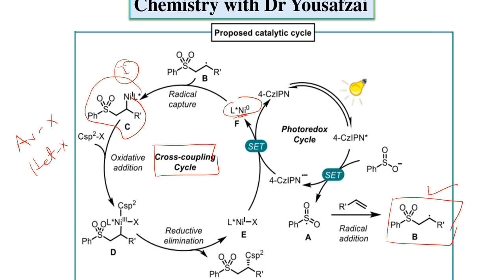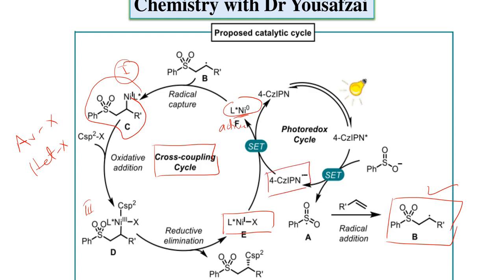And in the next step, by reductive elimination, the final product will be produced with the elimination of the nickel 1 catalyst, and this nickel 1 catalyst will go to the catalytically active species. This one is the active species, through single electron transfer by this photocatalyst.